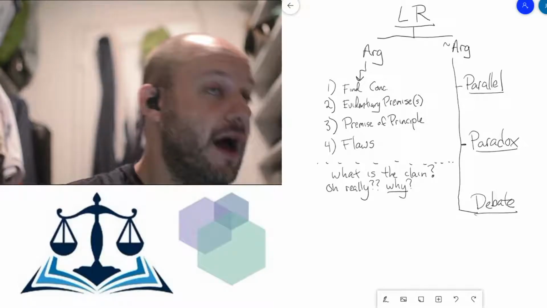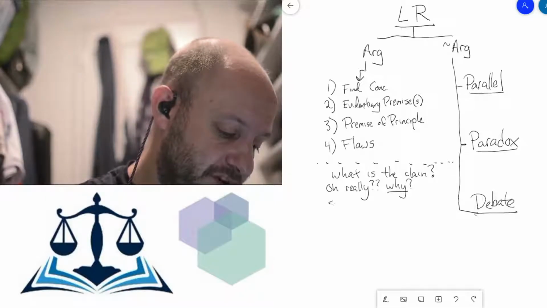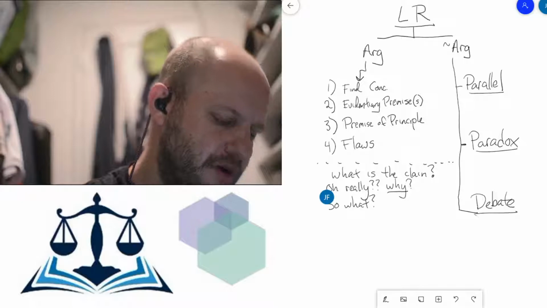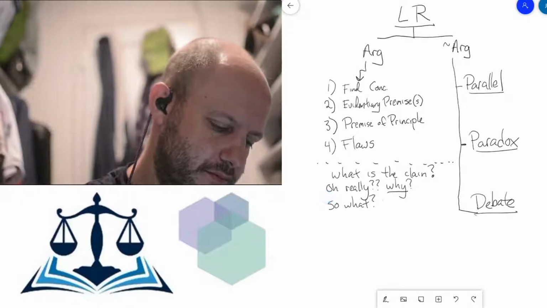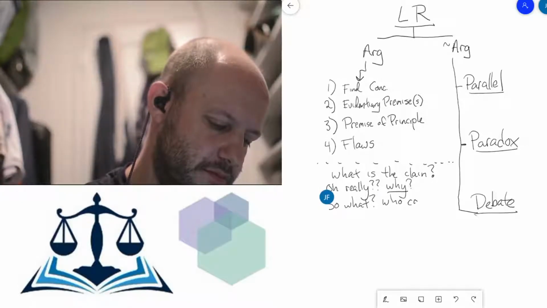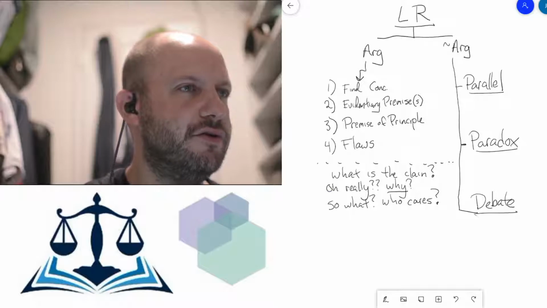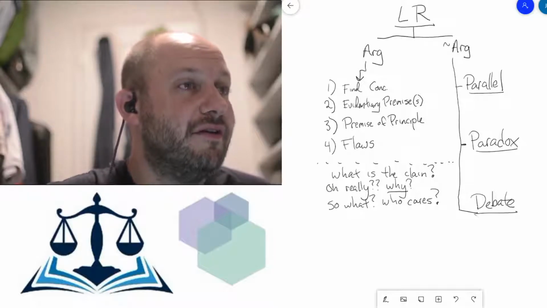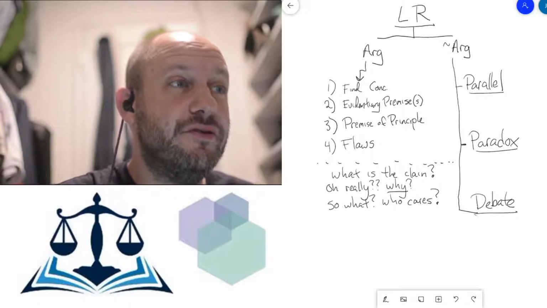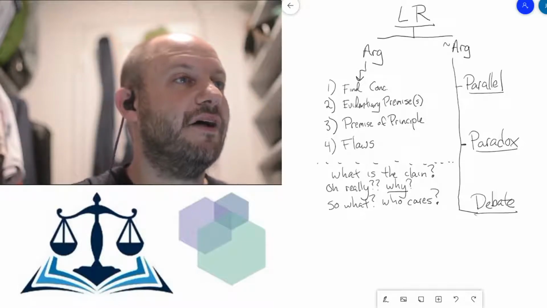Okay. How do I get to the principle? The principle is, so what? Who cares? Jake's student scores go up? So what? Who cares? Well, tutors whose student scores go up are generally good tutors. So that's my principle.